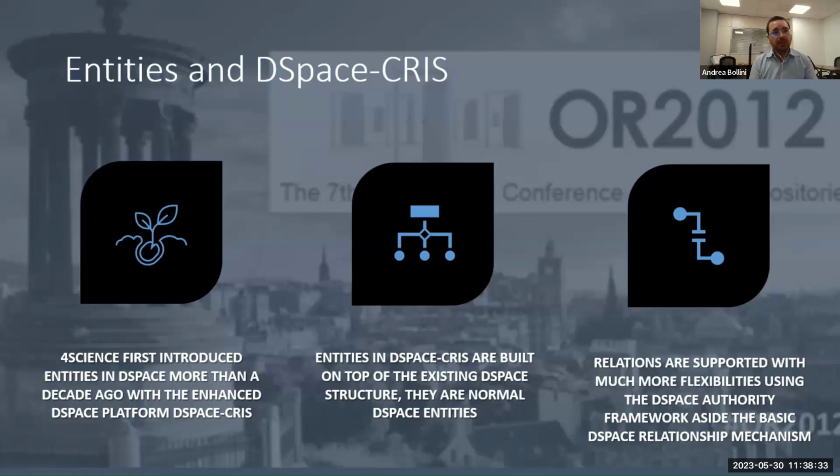So essentially, DSpace-CRIS allows the same entities and the same mechanism that exist in DSpace, plus an additional way that gives us more freedom and more flexibility in managing relations among these entities.